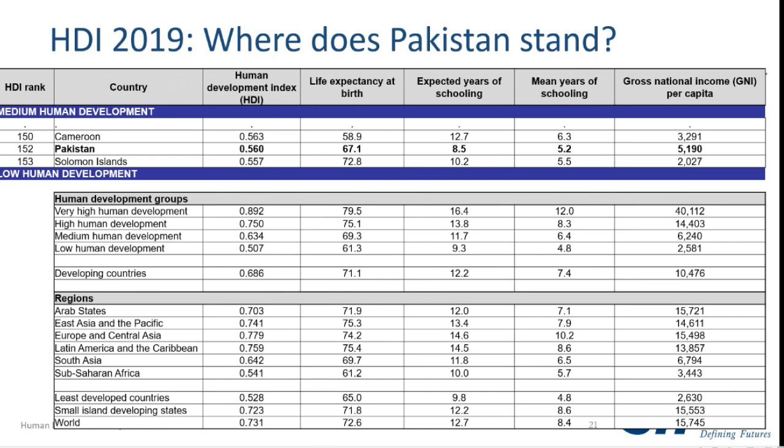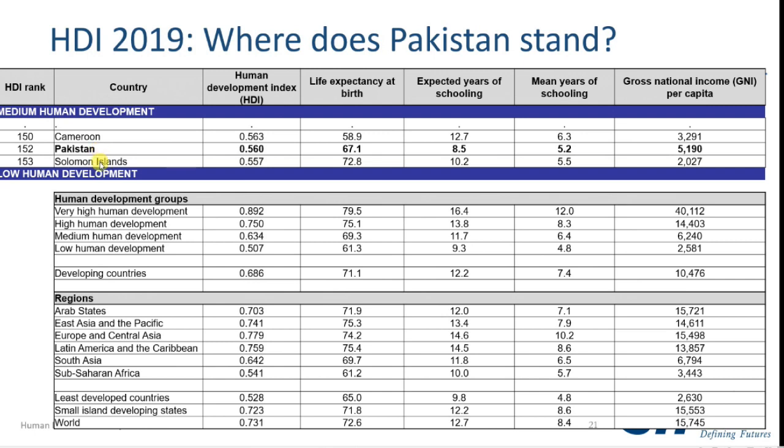Since we are in Pakistan, it makes sense to compare Pakistan with other countries. The important thing to notice here is that Pakistan, I mentioned Cameroon and Solomon Islands here because this is the part I've taken from the spreadsheet of UNDP. Even though Pakistan belongs to this section right here of medium human development, it's at the very bottom.